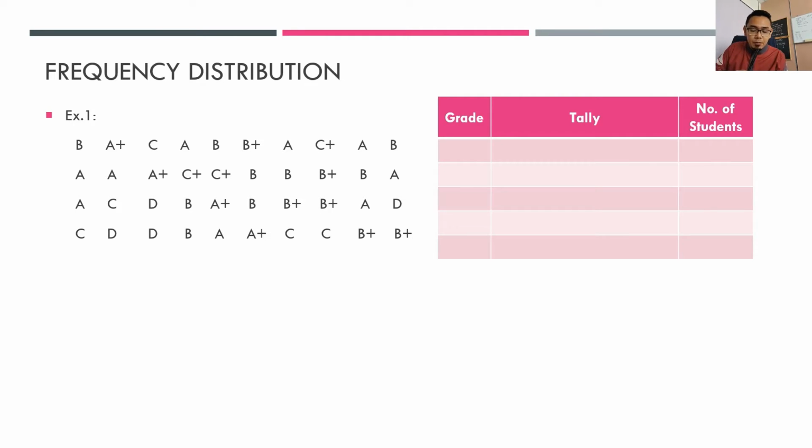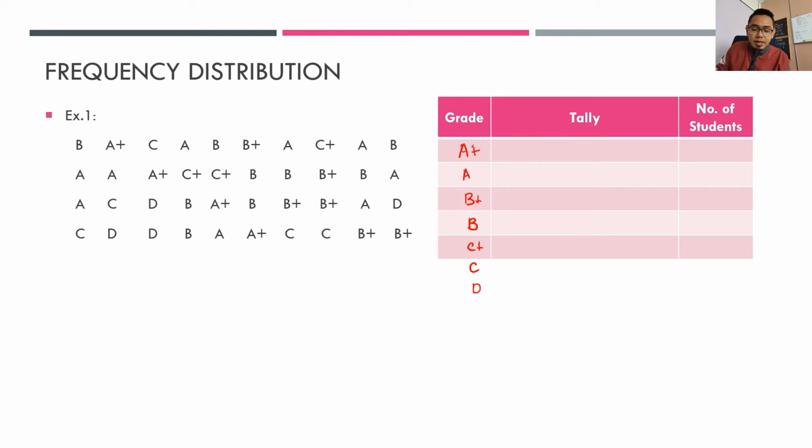Let's start with A plus, then A, B plus, B, C plus, C, and D, because the rows given here are not enough.